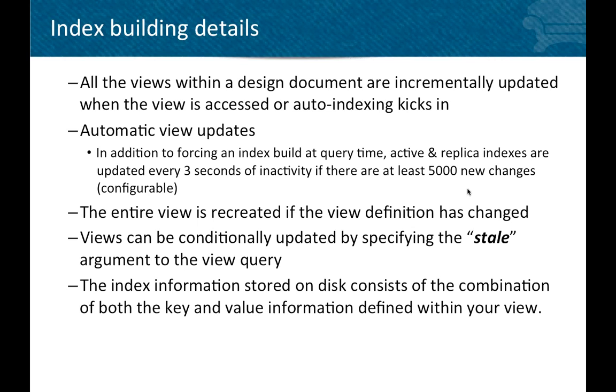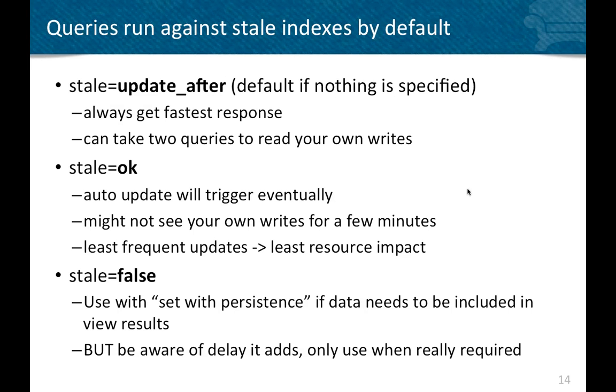We'll talk more about those consistency models in a little bit, but the key is that by default, we'll give you the fastest access we can, even if it's to some data that's 3 seconds old. But if you need access to data, like if you want to read your own writes in a transactional fashion, there are patterns that allow you to do that.